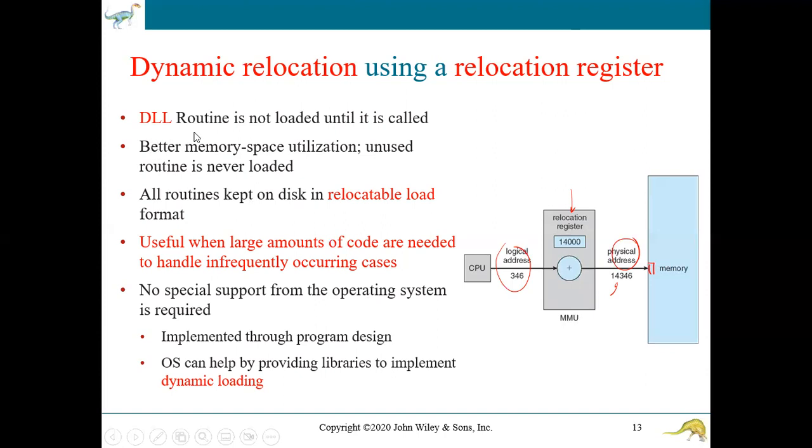So DLL, dynamic relocation or dynamic link library routines, which are actually library files, right? You're using relocation routines that are not loaded until they are called. At that time, they will be loaded. So better space utilization, because it will not be loaded every time.